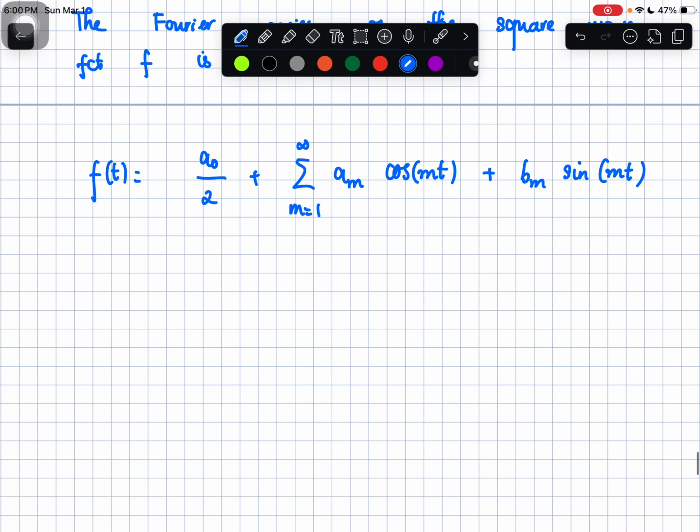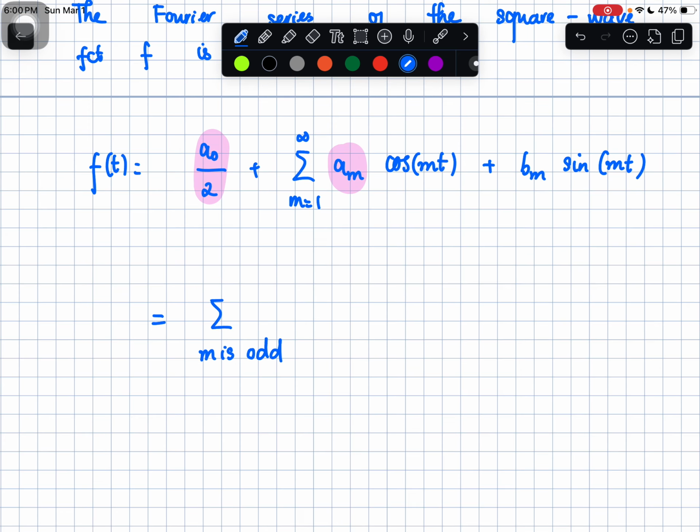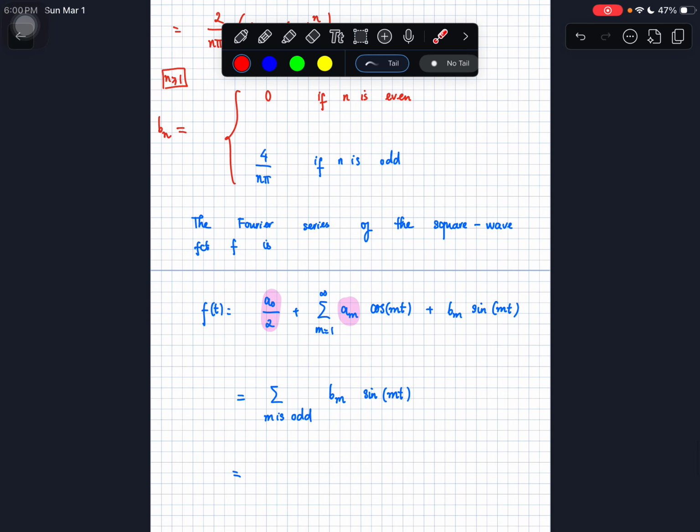So all the terms 0, 0. So we look at the non-zero terms only when m is odd, bm sine mt. Now bm when m is odd, 4 over m pi.